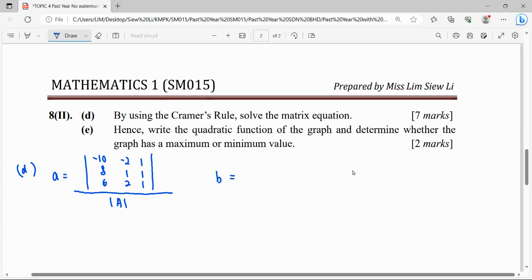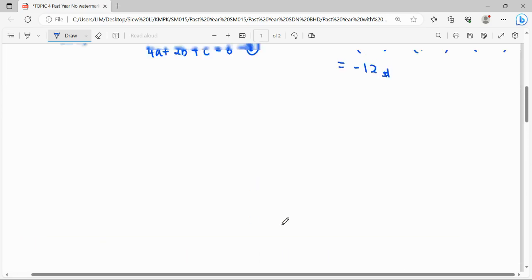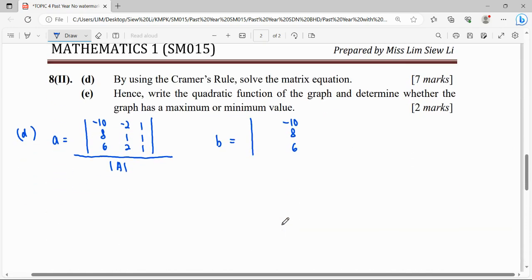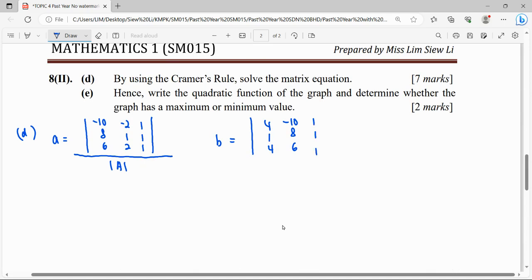So for b, replace column 2 with our answers and divide by determinant A, which we found in question C just now.